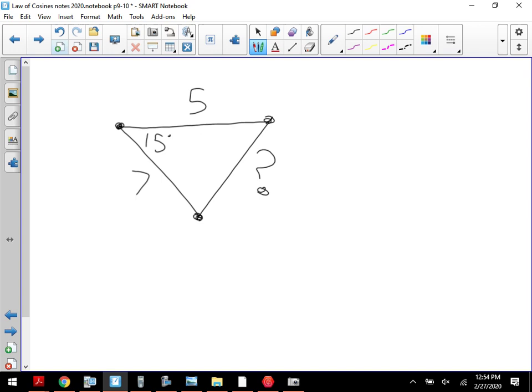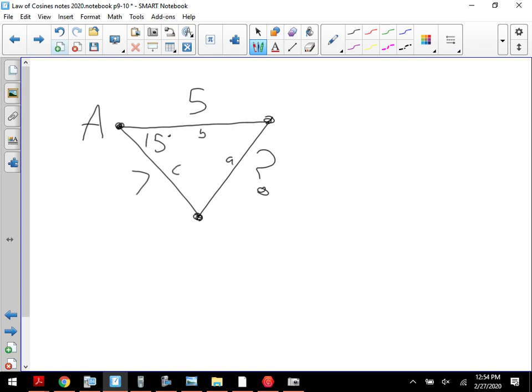Cosine. Now, I haven't labeled anything here. But we have to find a side length, don't we? But we know an angle, right? So does it matter what letter I call this? If I call this angle A, this makes this little a. So wouldn't the other two just be arbitrary, B and C?